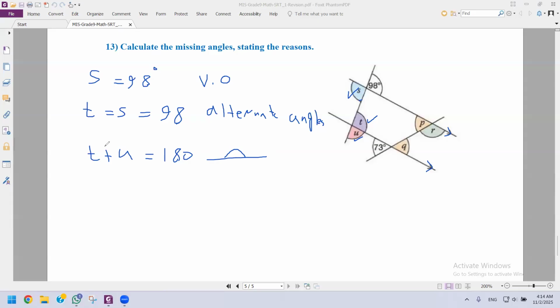Now, what's the value of t? We already know that it's 98. So u is equal to 180 minus 98. It's like around 180, so will be 72. Sorry, 82.